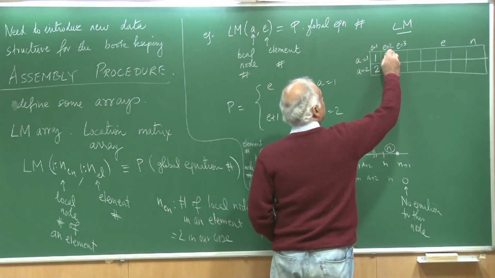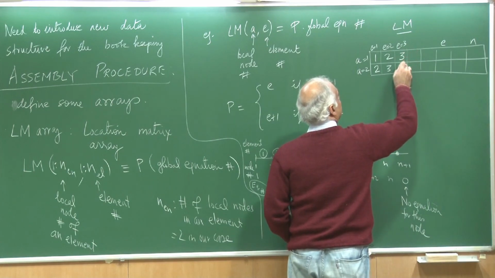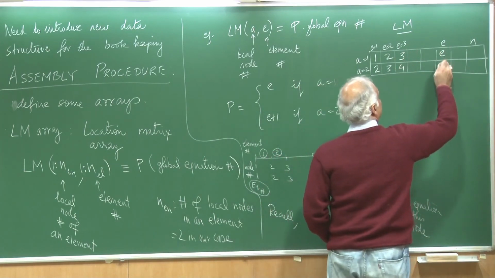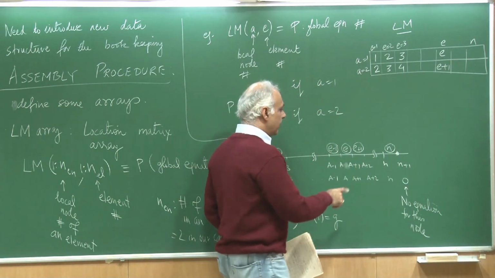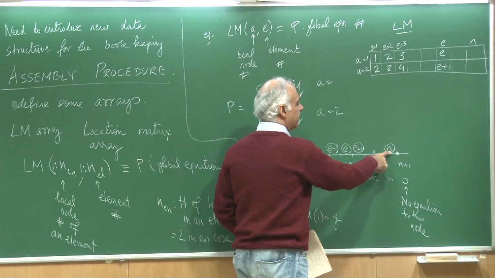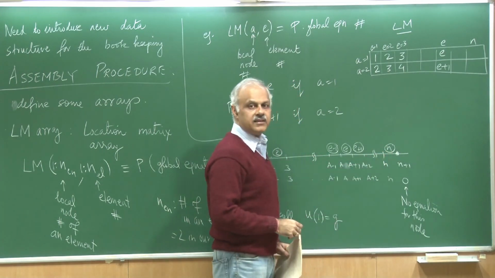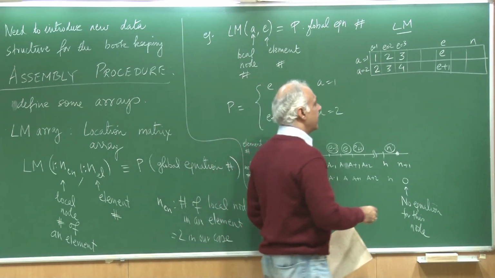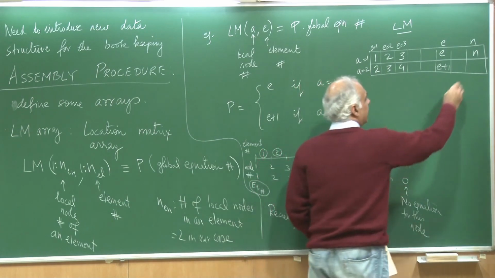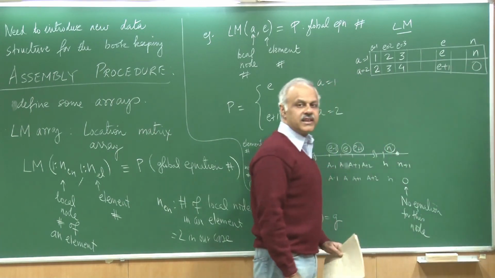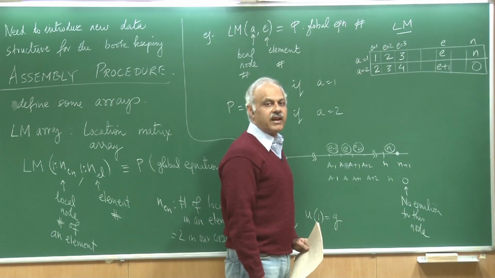So, I would get these entries 2, 3, and likewise this would be 3, 4, this would be E, E plus 1, and so on. If I look at the last element, which is element number N, the first node of this element has the equation number N. So, I will put an N here, and the last one, in fact I would put 0 here, because there is no equation number for the last node, the value is known.